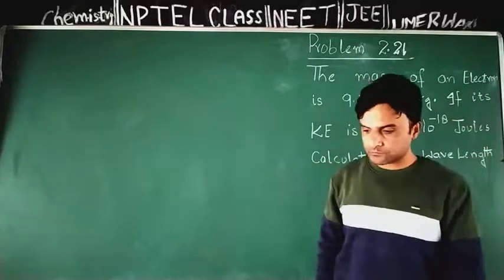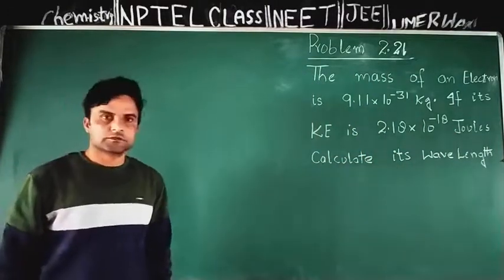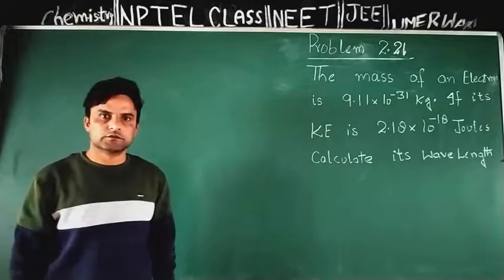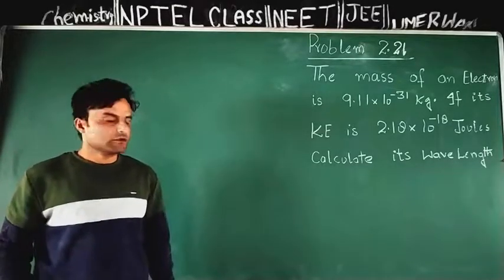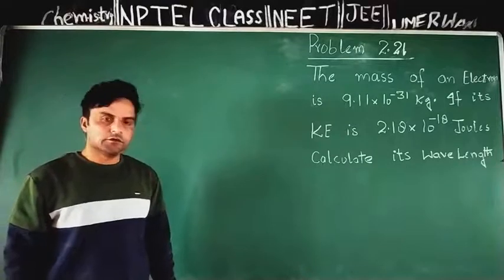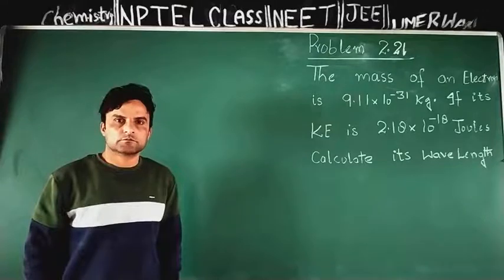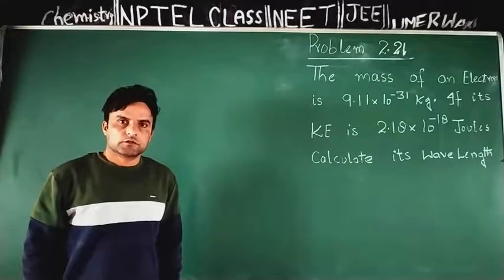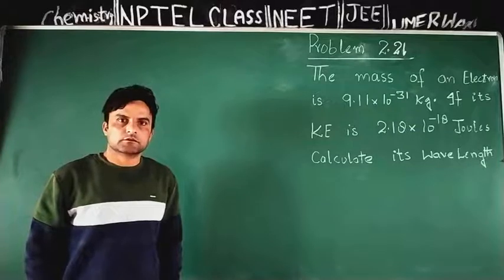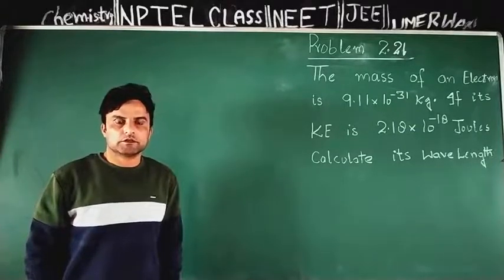The problem is based on the concept of dual nature of matter, and as far as the electron is concerned, the electron has wave nature as well as particle nature.